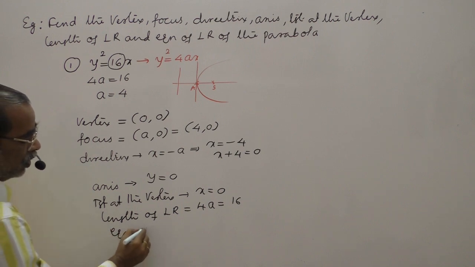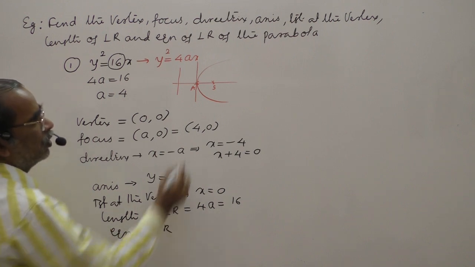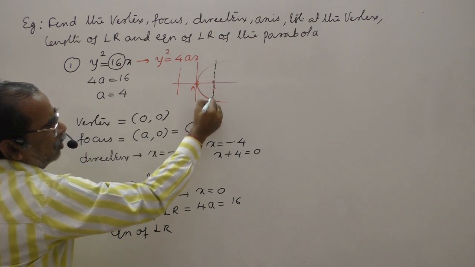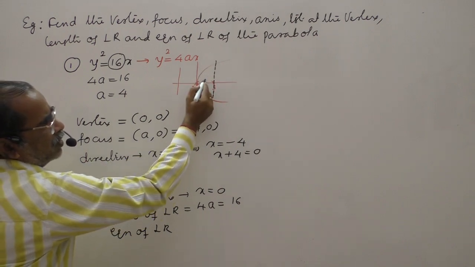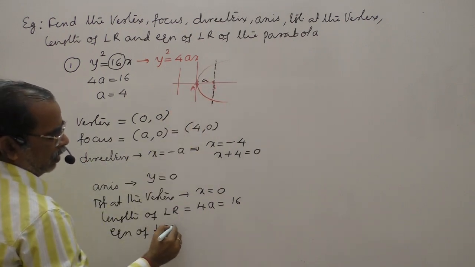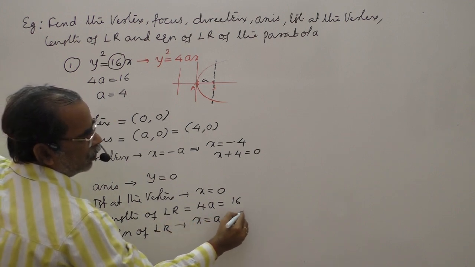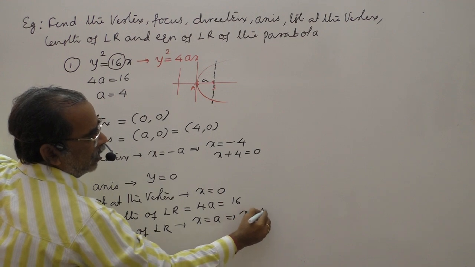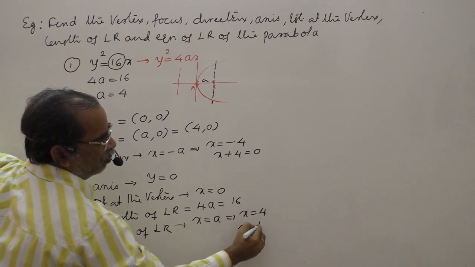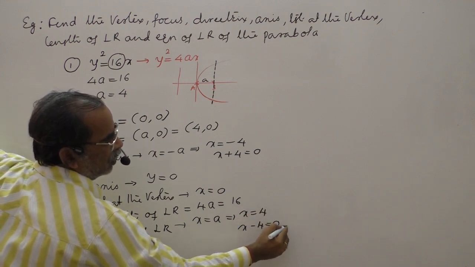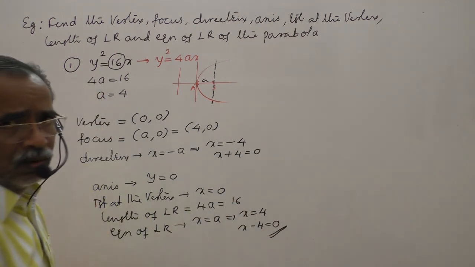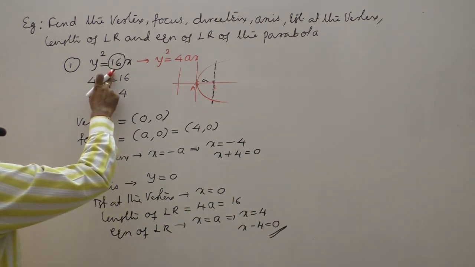Next, equation of the latus rectum. This line is the latus rectum, parallel to the y-axis at a distance of a. Therefore, this will be x equal to a. In this problem, what is a? A is 4. X equal to 4 or x minus 4 equal to 0. That's all. So this is the problem.